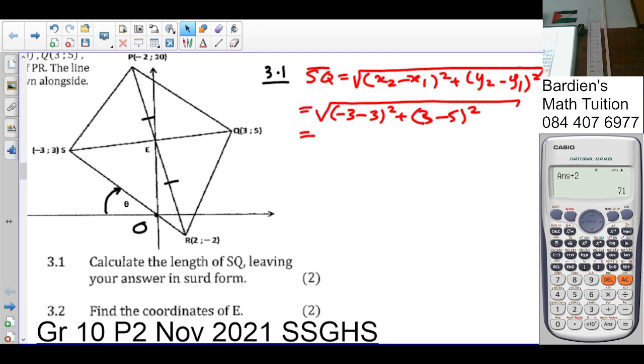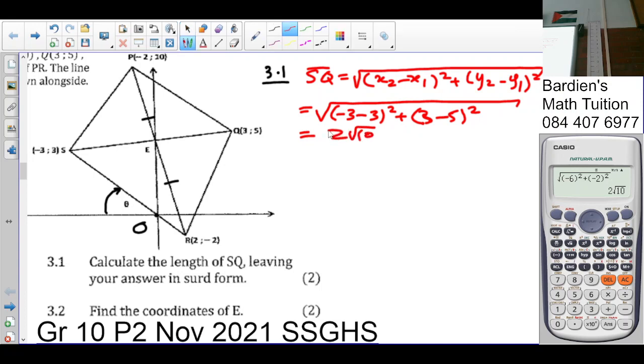So that gives us the square root of -6 squared plus -2 squared. Gives you 2 root 10.